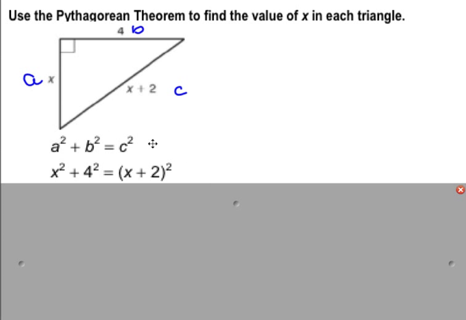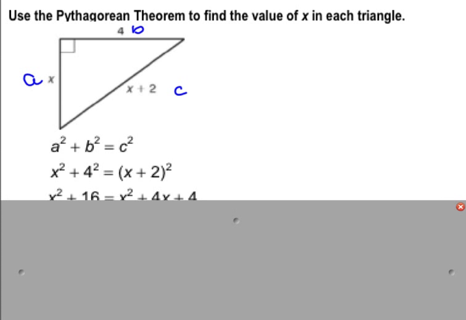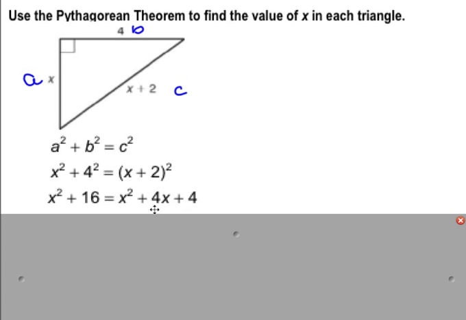So x squared plus 4 squared is going to equal x plus 2, that quantity squared. We're going to simplify what we have. So x squared plus 16. For x plus 2, we're going to take x plus 2 and multiply it by x plus 2.